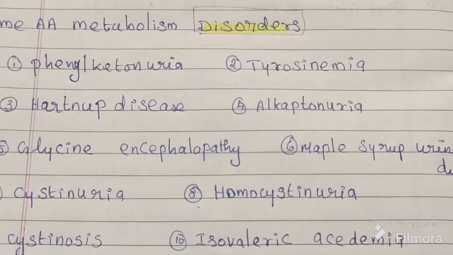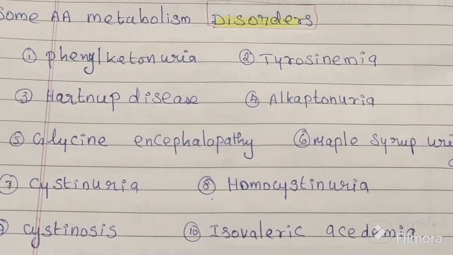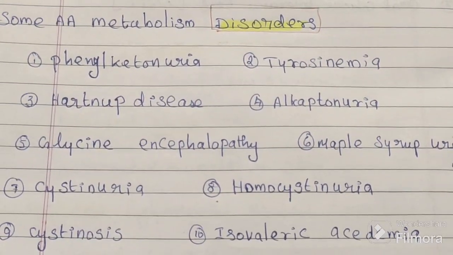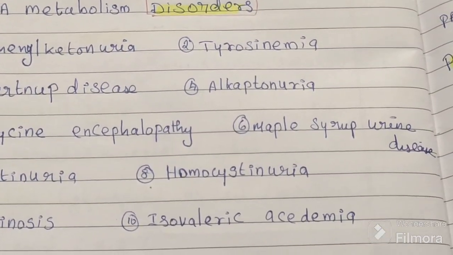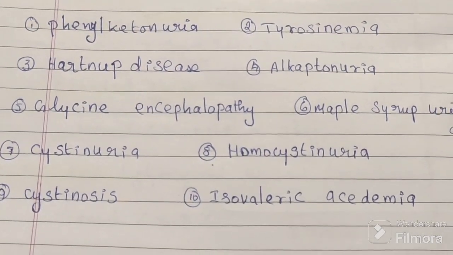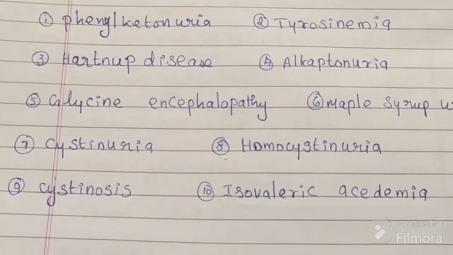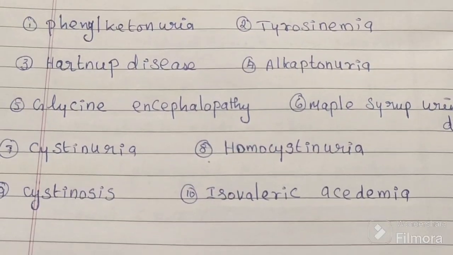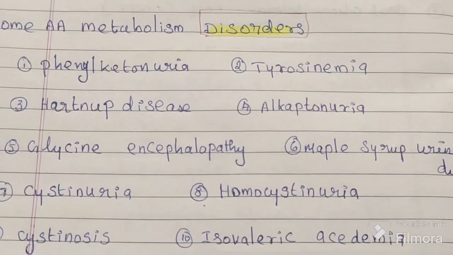Second one is tyrosinemia, Hartnup disease, alkaptonuria, glycine encephalopathy, maple syrup urine disease, cystinuria, homocystinuria, cystinosis, isovaleric acidemia. These are the 10 important disorders we want to discuss.